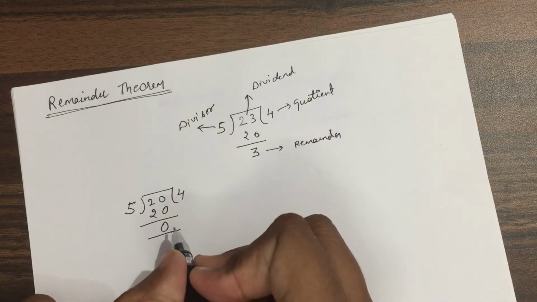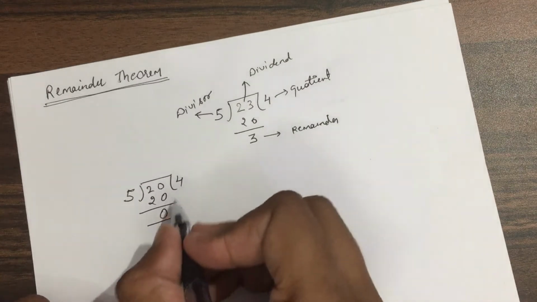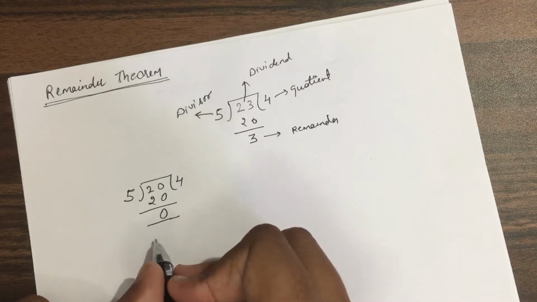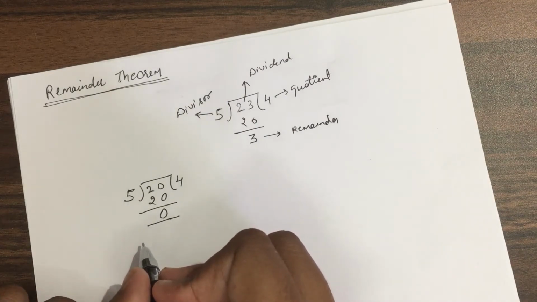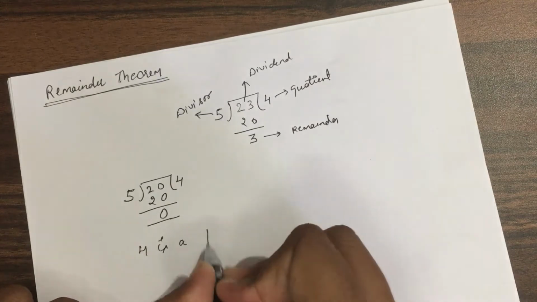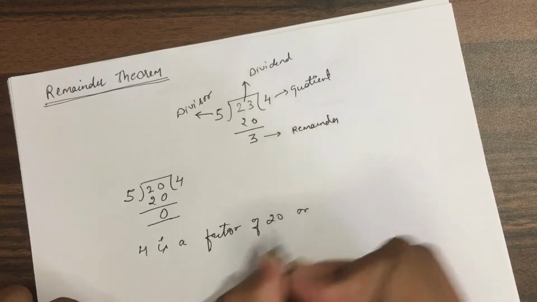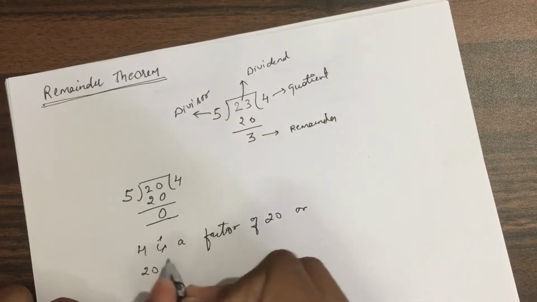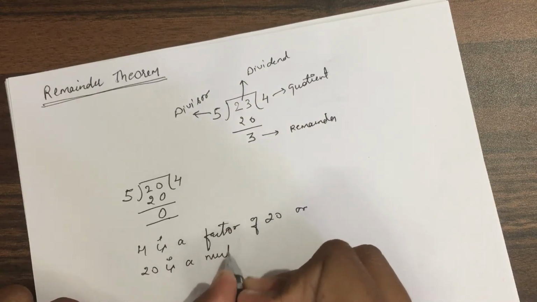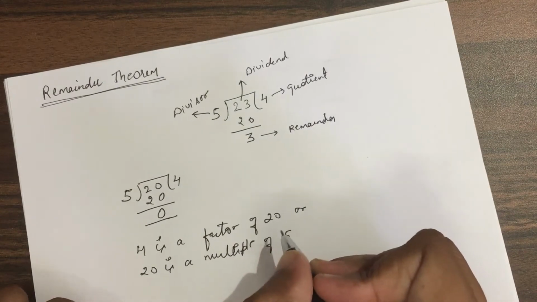So now here the remainder is 0, so we can say that 4 is a factor of 20, or we can say 20 is a multiple of 5.